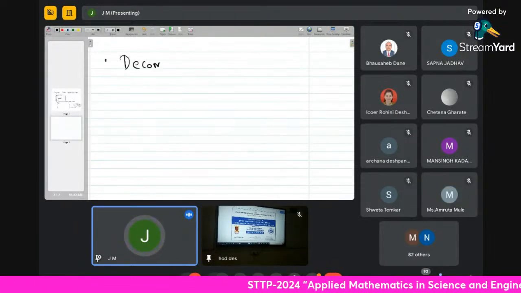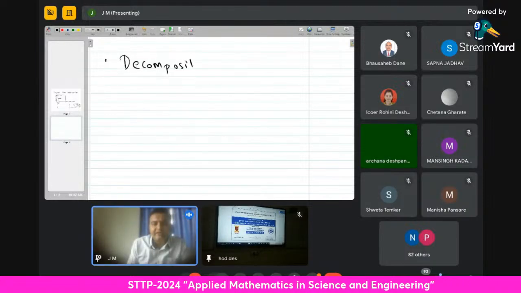Ultimately, what is SVD? It is nothing but a decomposition of a matrix.